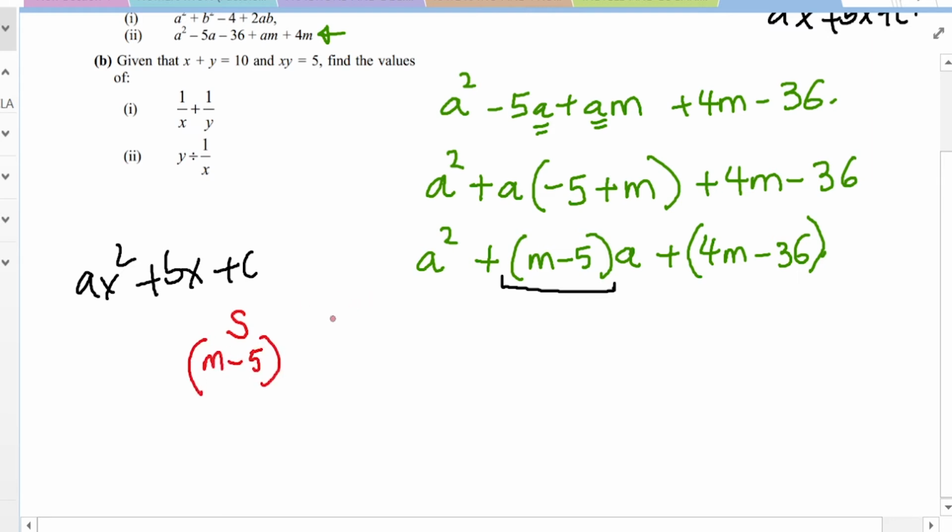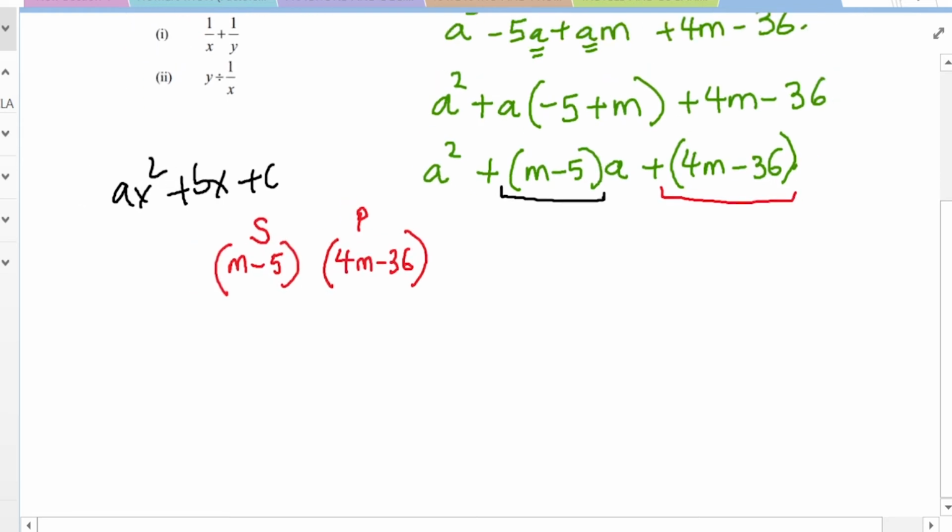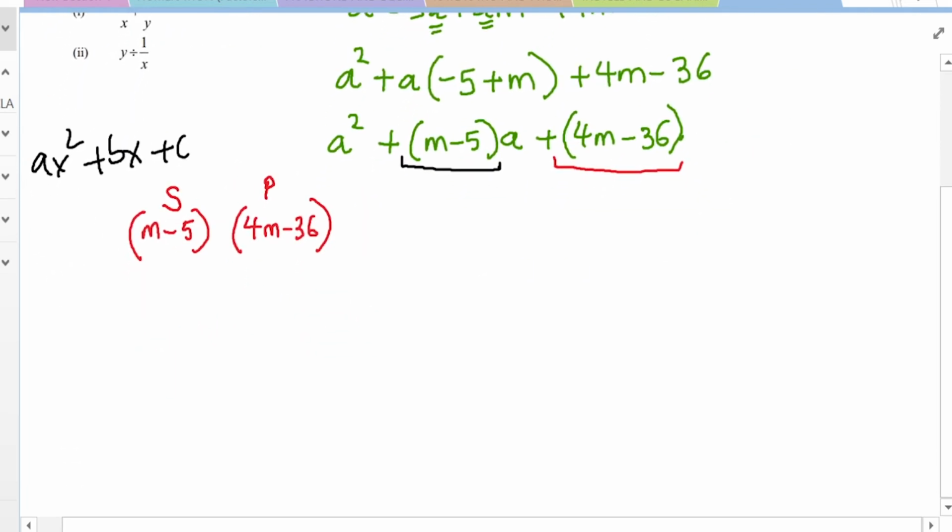And when we multiply those two numbers, or call them two expressions, they give us a product of 4m minus 36. So we are trying to find two expressions here that when we add them, they give us a sum of m minus 5, and when we multiply them, they give us a product of 4m minus 36. So how do we find those two expressions?